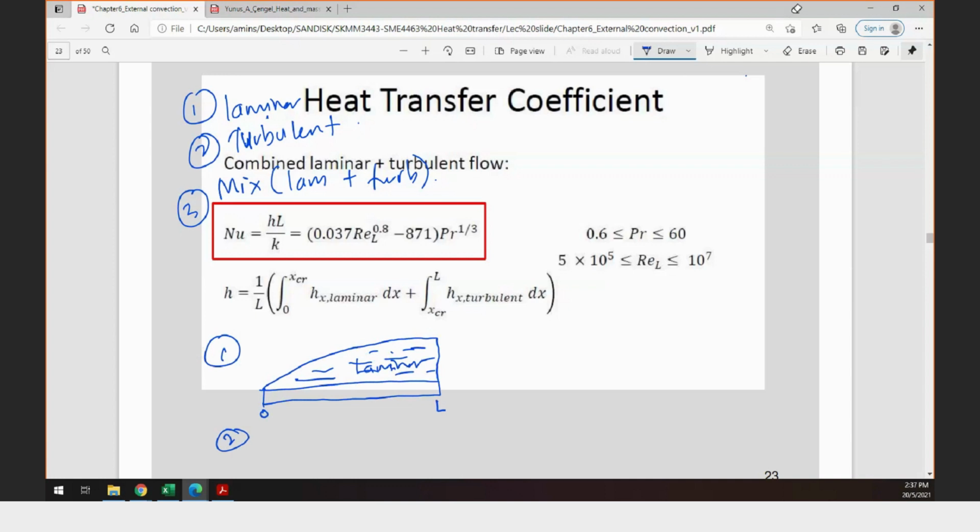I need to have some space here. How may you consider turbulent? I think I will explain the laminar and turbulent first. For case number 3, you have a plate with a certain length L. At some part you got laminar, at some part you got turbulent. Laminar, this is transition, and this is turbulent.